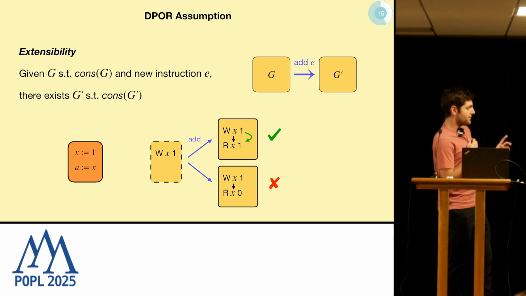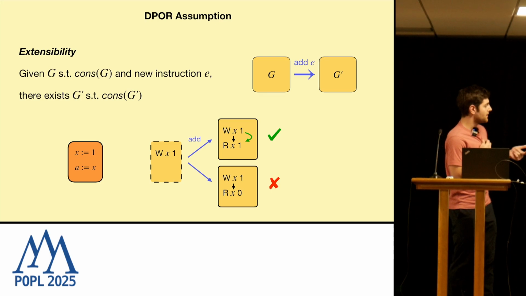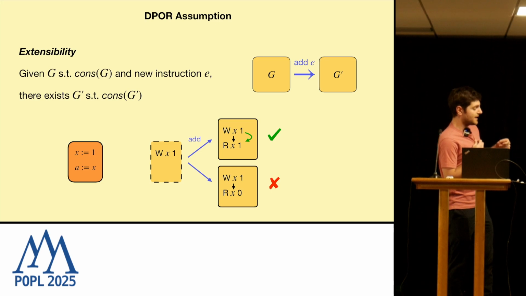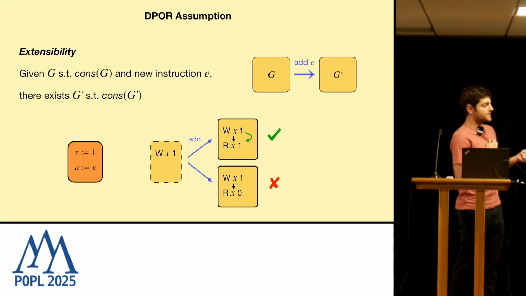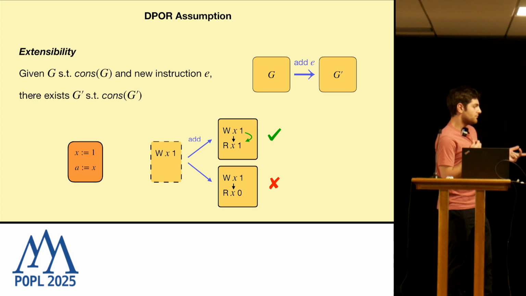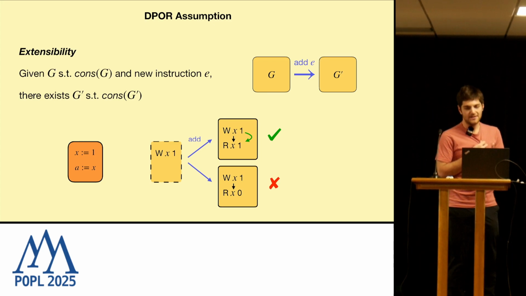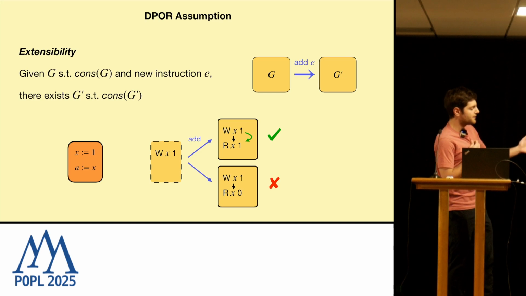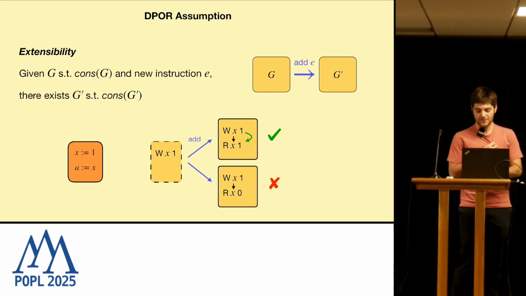Small example: one thread, two instructions, write 1 to x, read x. You have the execution graph with just the write. Well, you can add the read and make the read 1. That's consistent, perfect. But you could have also added the read as 0, but this is not consistent. Any coherent model will tell you that this doesn't make sense.